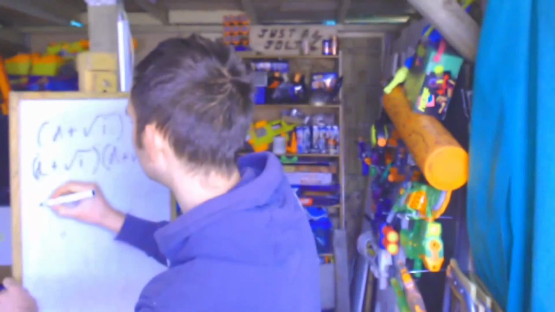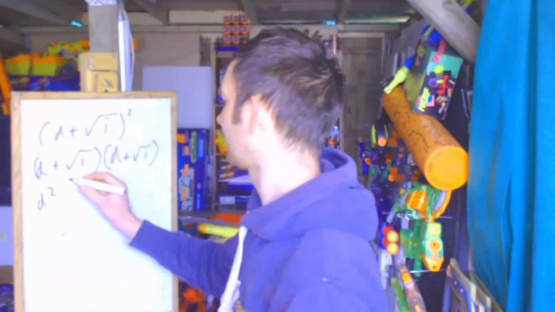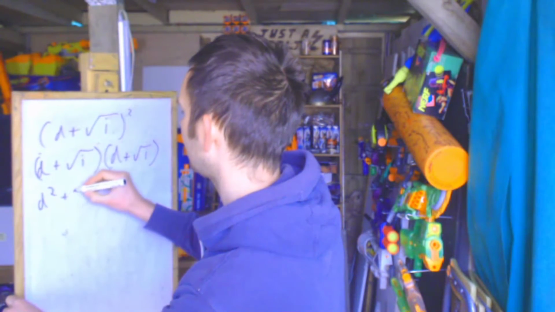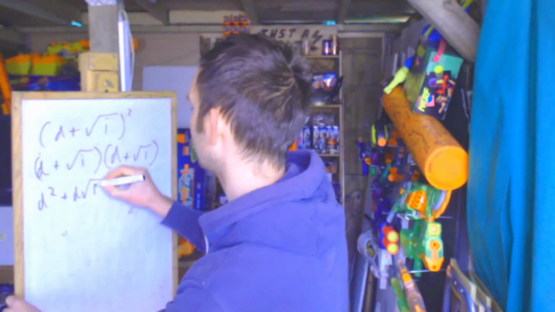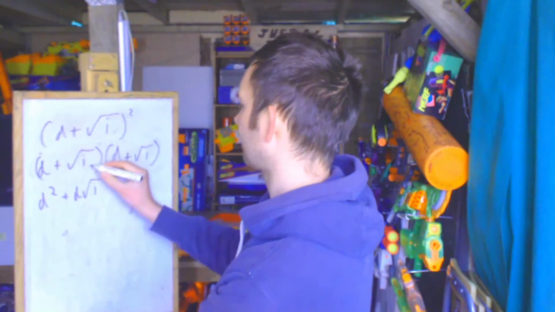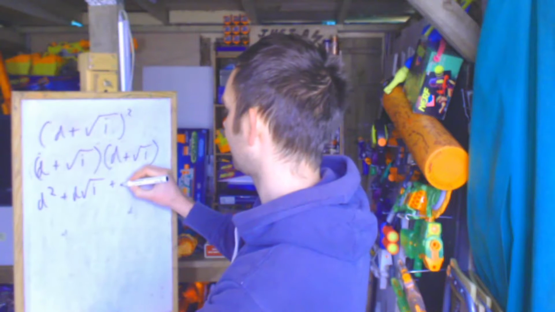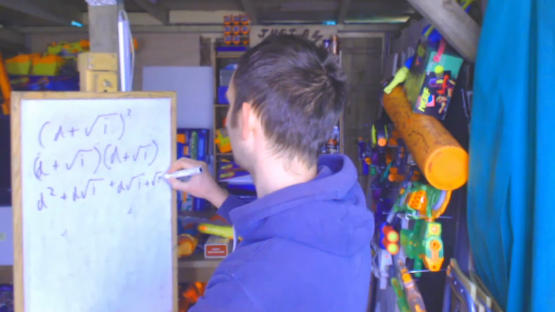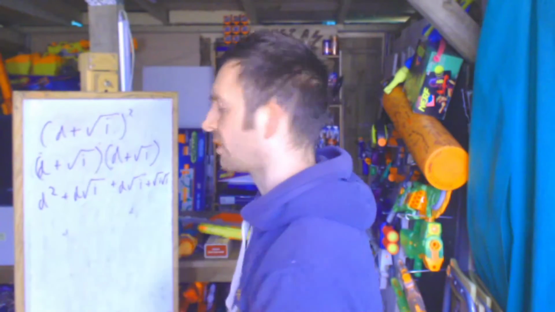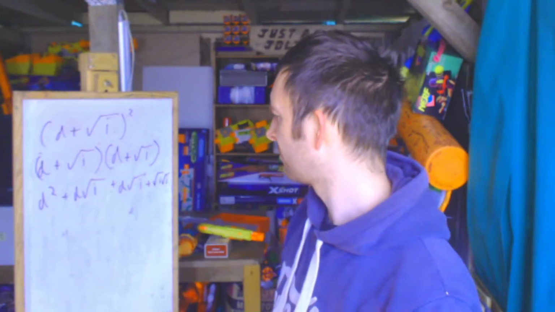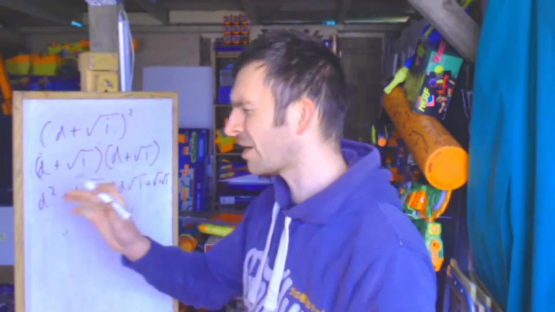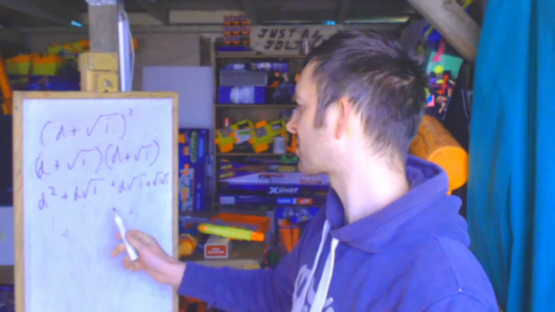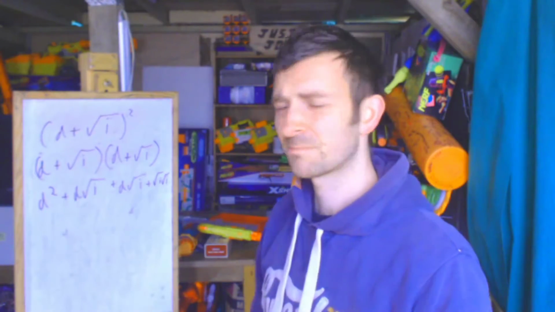So d times d is d squared. D times root I is d root I, plus d times root I again, d times root I, plus root I times root I. So again, we can simplify this down, and bearing in mind what happened last time, we'd expect to end up with d squared plus 2 something plus something.